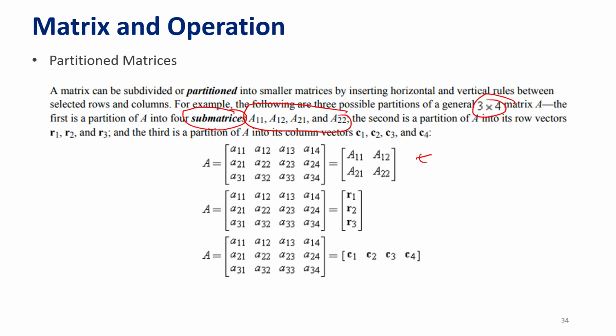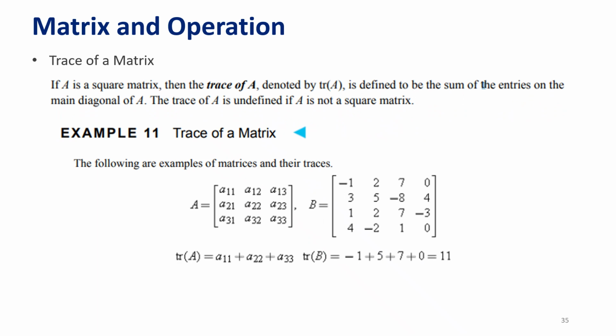Well, it depends. You can say this is A11, A12, and this is A21, A22. But normally we partition using equal sizes, so not really having difficult partitions like this.